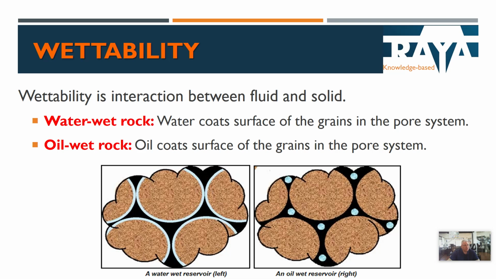Generally, we have two types of reservoir rocks. The reservoir rocks are naturally water-wet or oil-wet. In water-wet rocks, the water coats the surface of the grains in the pore system. Opposite, in oil-wet rocks, the oil coats the surface of the grains in the pore system.